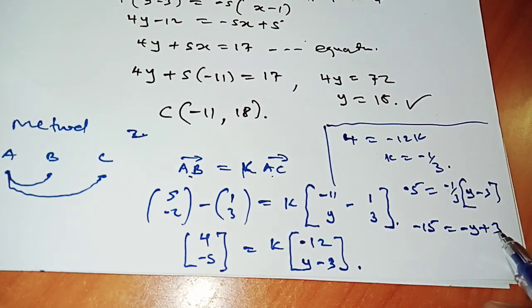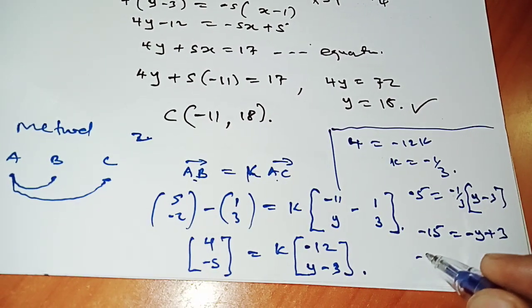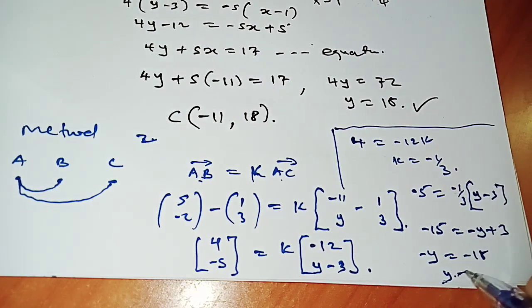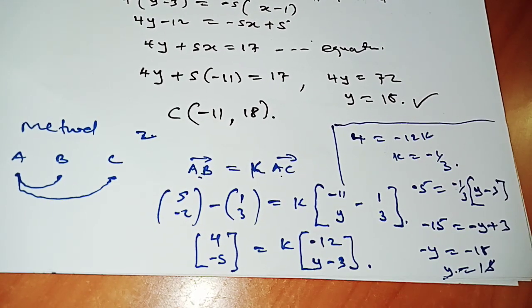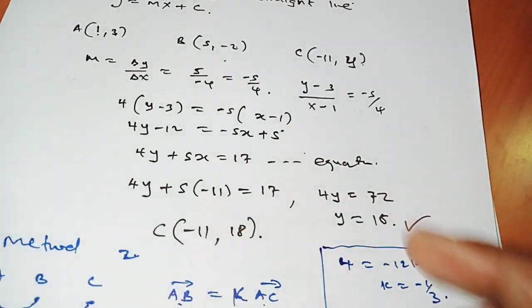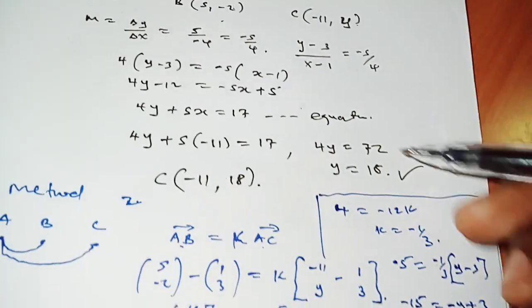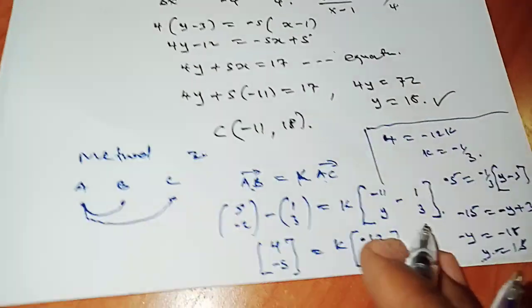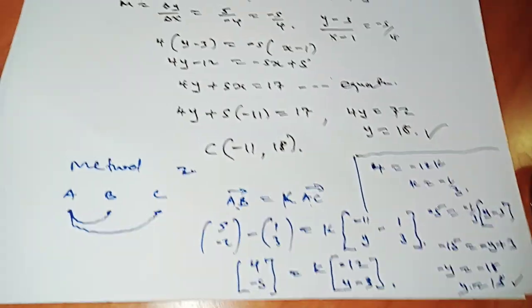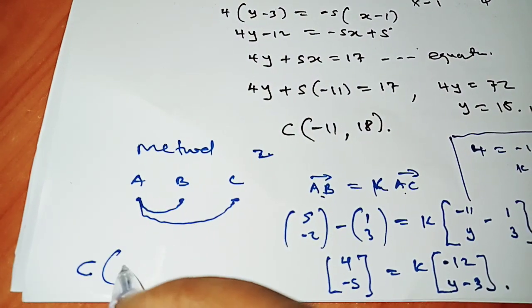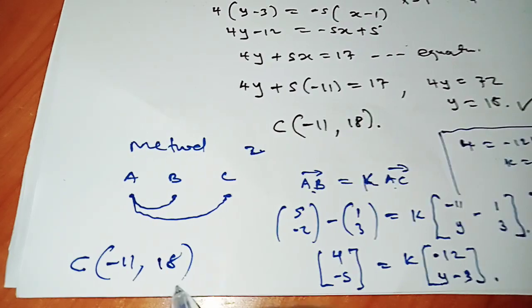And when you take 3 to the left hand side, you're going to have minus y is equals to minus 18, and y is equals to 18. And this is what we got up here as the value of y, so showing that this value is correct. So the value of y is 18, and so the coordinate of C down here will give us (-11, 18).